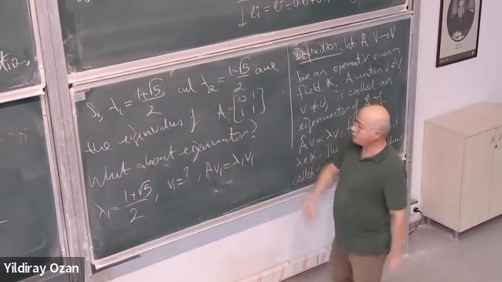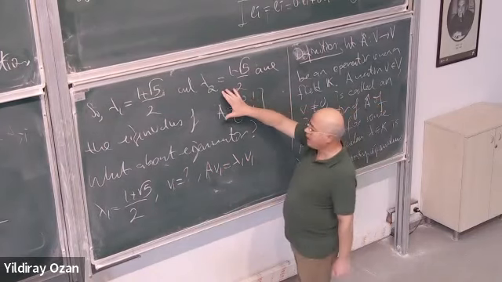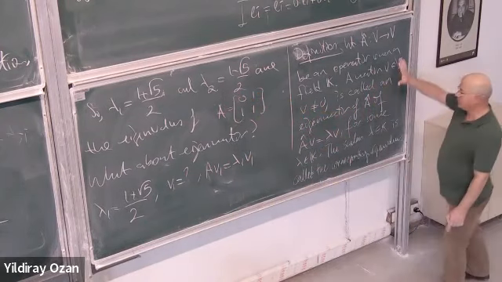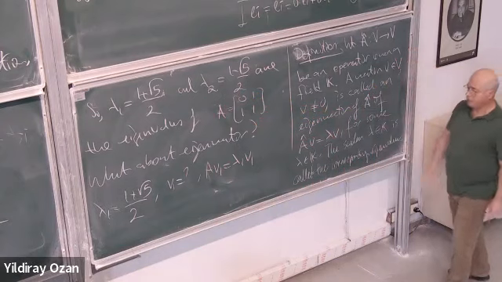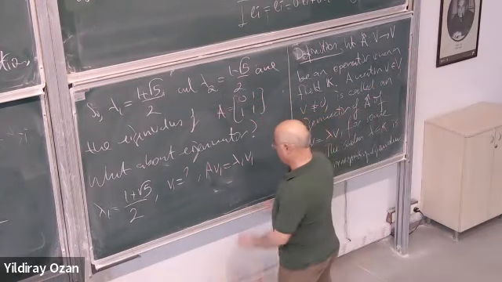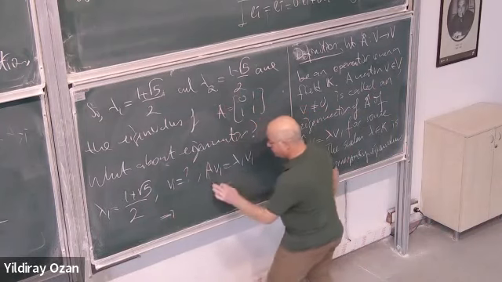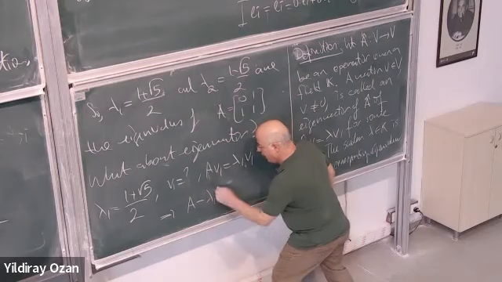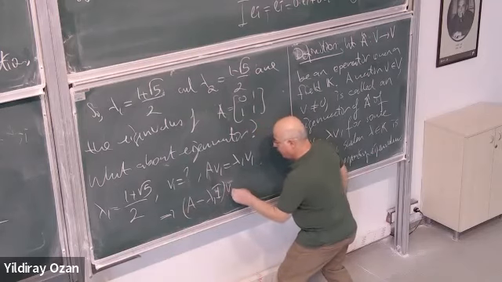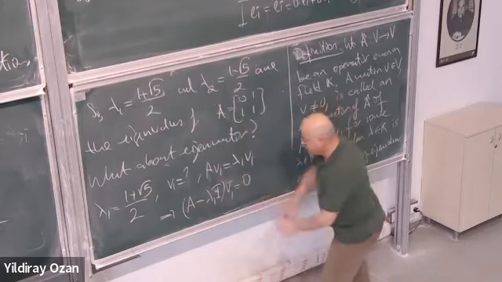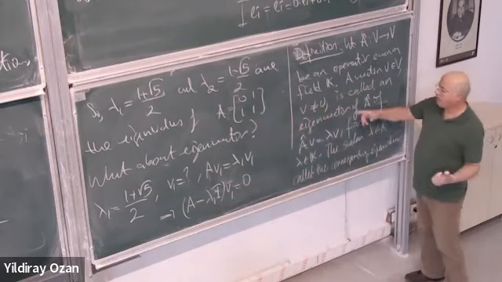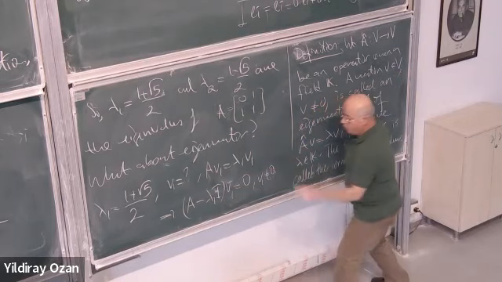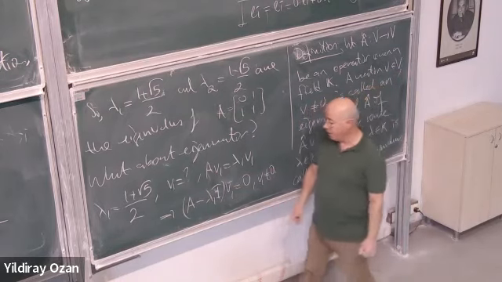This gives me the following: A minus lambda 1 times identity, times V1, is 0. And by definition, eigenvector is not 0. The V1 is not 0.